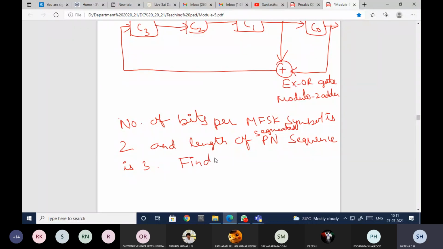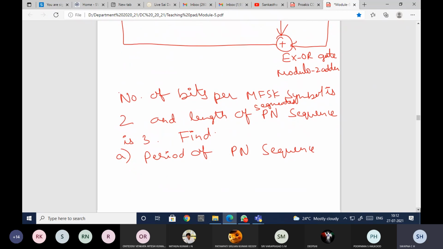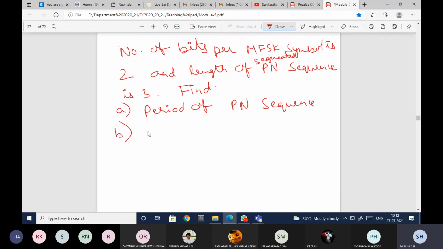Find, the first one, period of PN sequence. So here we'll get the PN sequence, and he is asking you to find the period of that. Next, B, PN sequence of one periodic length.